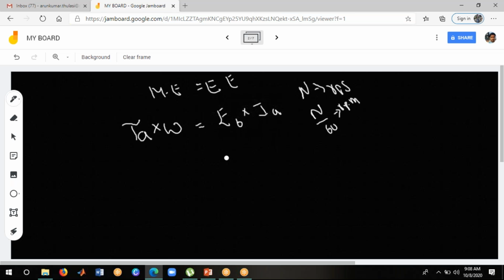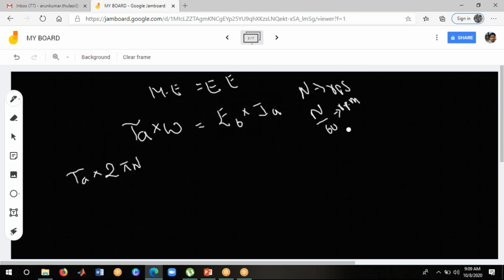Now in this equation, I am substituting the formulas: TA into, instead of angular velocity, 2 pi n. Here n is in RPS. If you want to take n in RPM, you have to divide by 60, right?